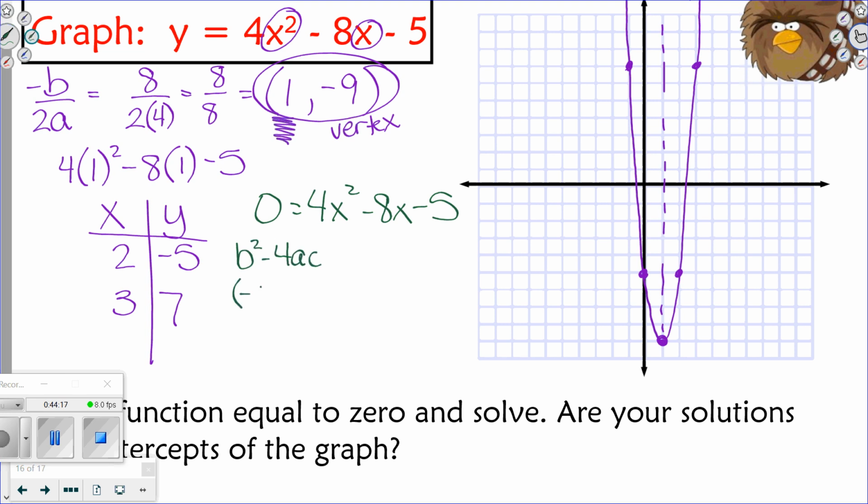That'd be negative 8 squared minus 4 times 4 times negative 5. So does it factor? What'd you get for discriminant? Yeah, I got 144. So will it factor? Yeah, that's a perfect square. The square root is 12. So it will factor. Okay, so let's factor it.